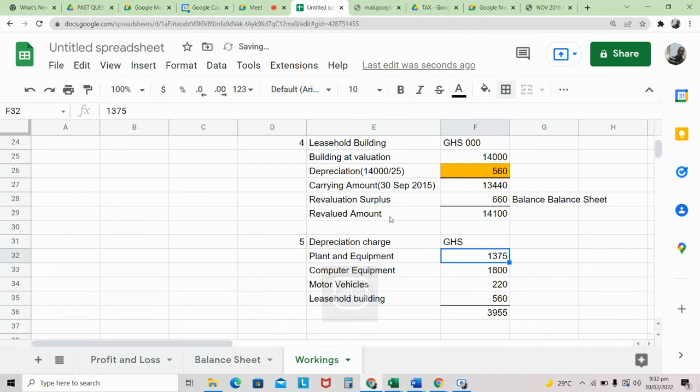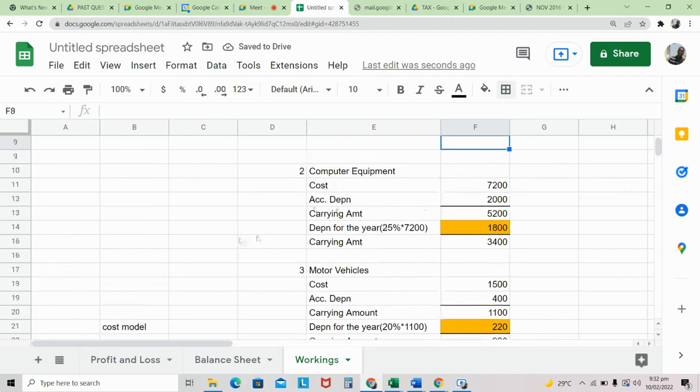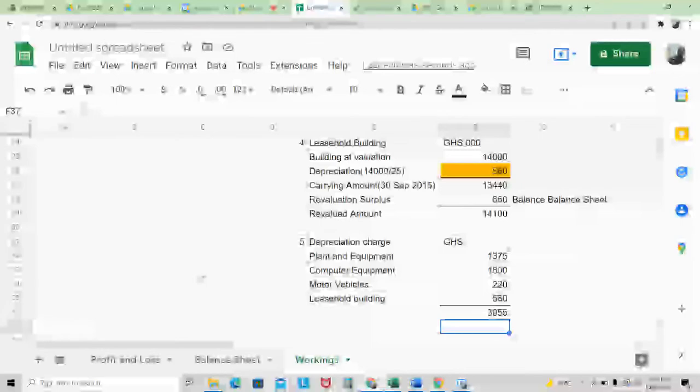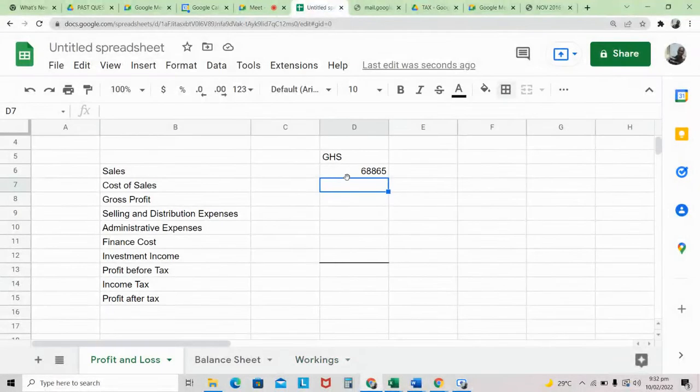What else do we have to do? Now that we know our depreciation, we can do the rest of the work. We can have our cost of sales here.